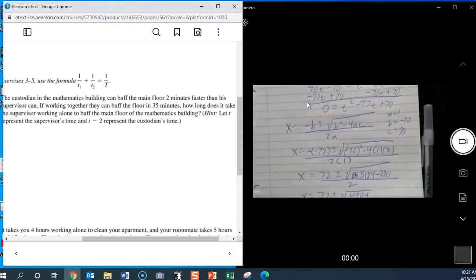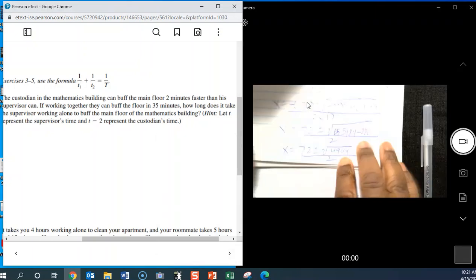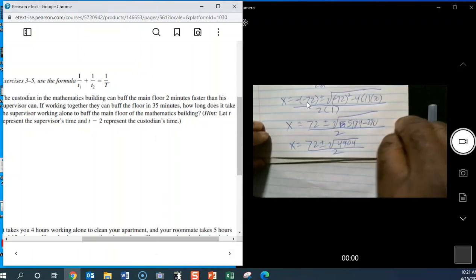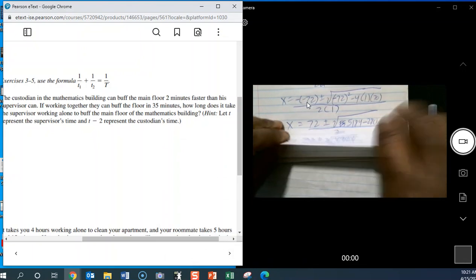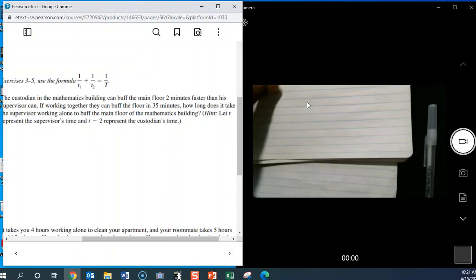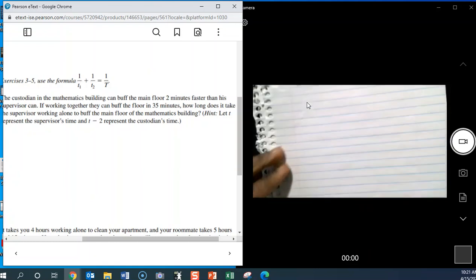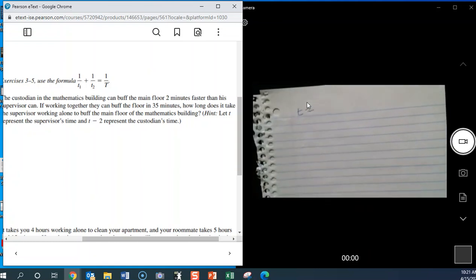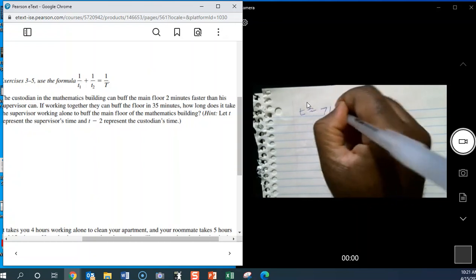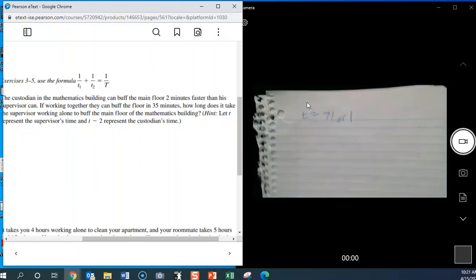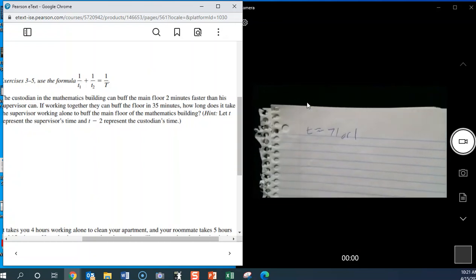Now, once you put all this in your calculator, your final answer would be approximately, t is approximately 71 or 1. Now remember, this is minutes.